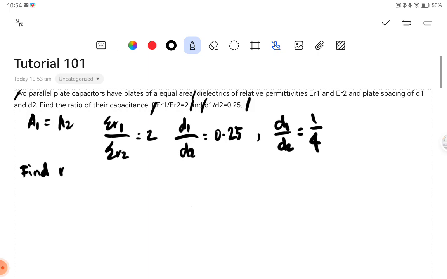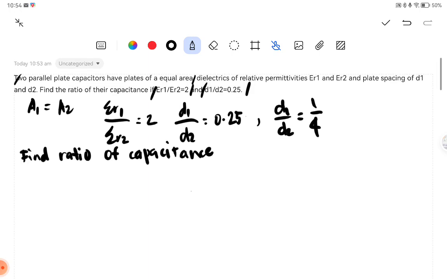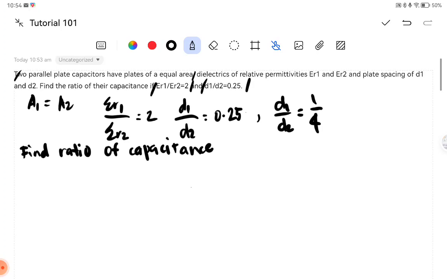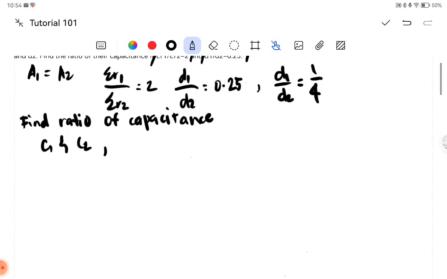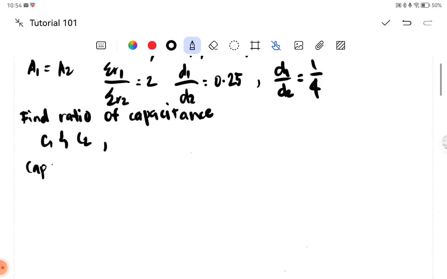If we're finding the ratio of capacitance, therefore, it is given that we have two capacitances, C1 and C2. Okay? What is the formula for capacitance?